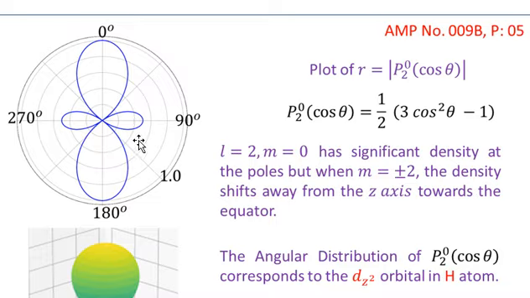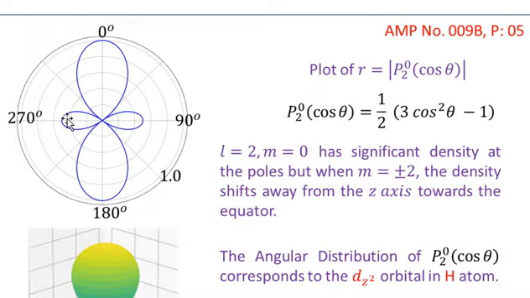So if you draw this line, it will pass through the center of this picture. So these two lines, that is theta equal to 54.7 degree and theta equal to 125.3 degree, will represent two nodal lines passing through the center of this wave function.